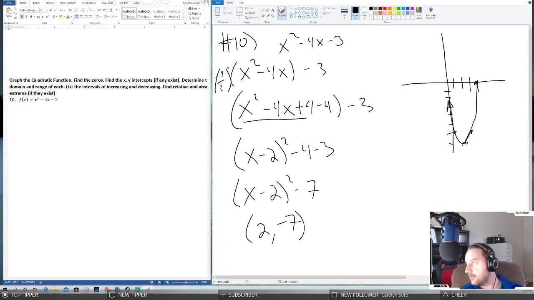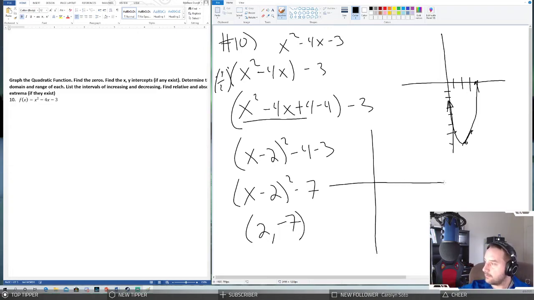Cool keyboard. I can draw this a little neater. 1, 2. There we go. Little neater.